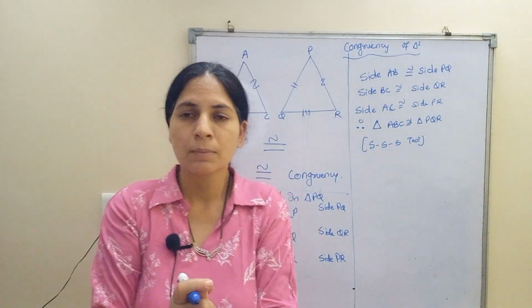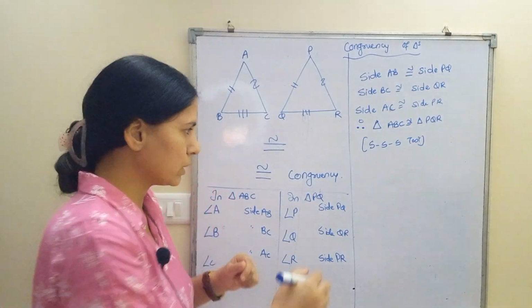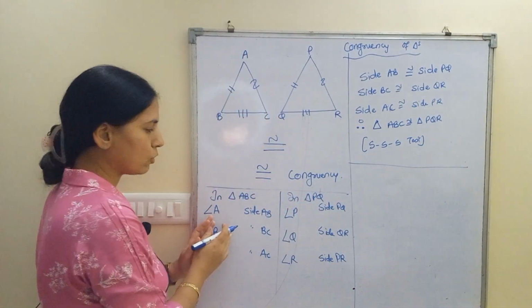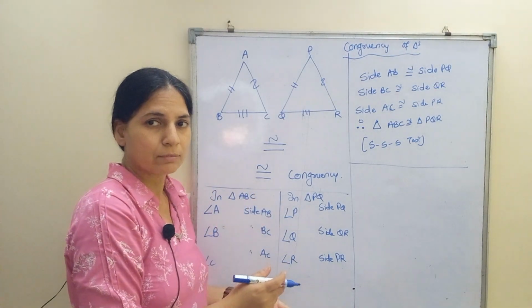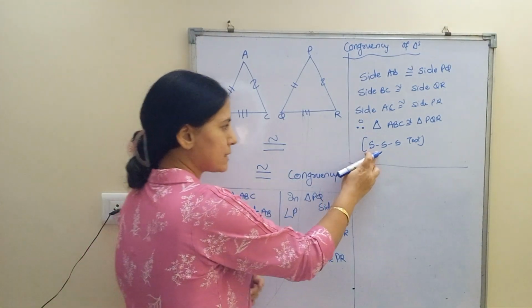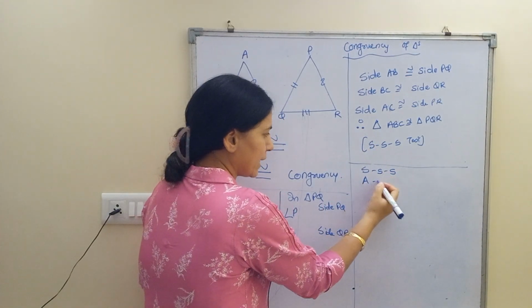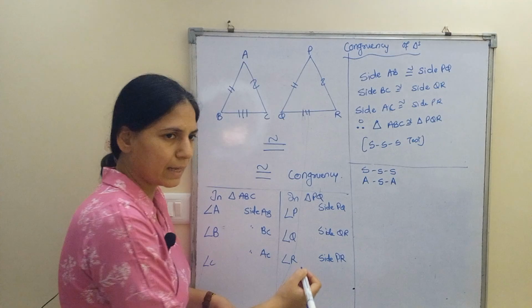Now, my dear students, there are various tests. I'll tell you the combinations. We have to make a combination of three. We have six things: three angles and three sides. First test, SSS. Similarly, we have ASA test, that is angle side angle.